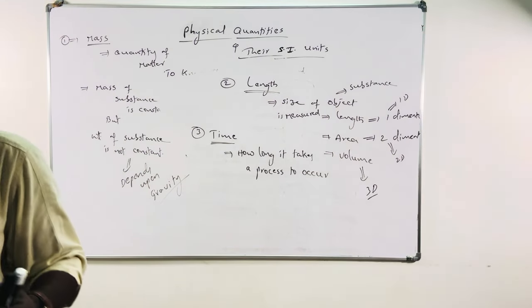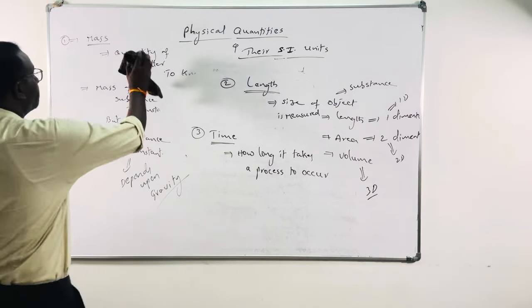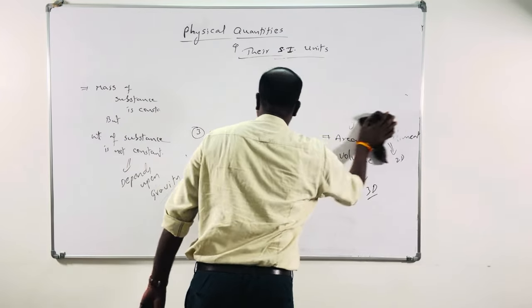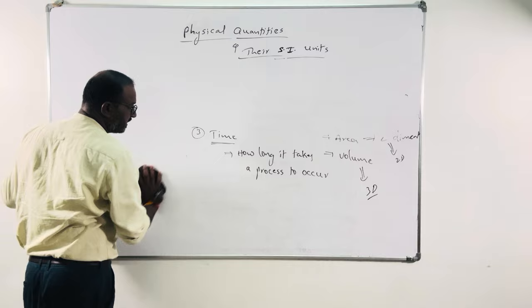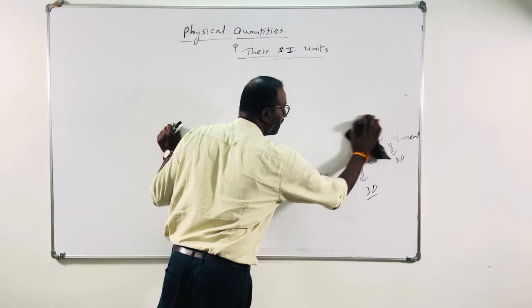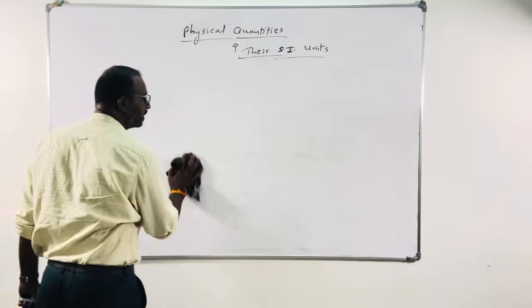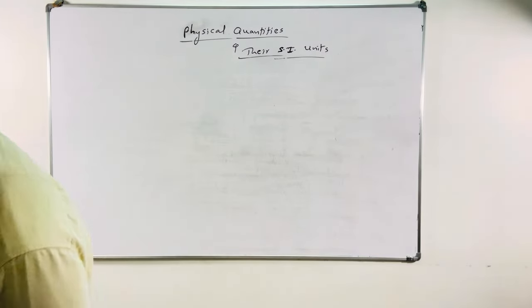After that, let me see the basic units of measurements. Basic units of measurements. These three, once again, please pause the video and write it down in your notes. You will get a complete idea about the physical quantities and their SI units.